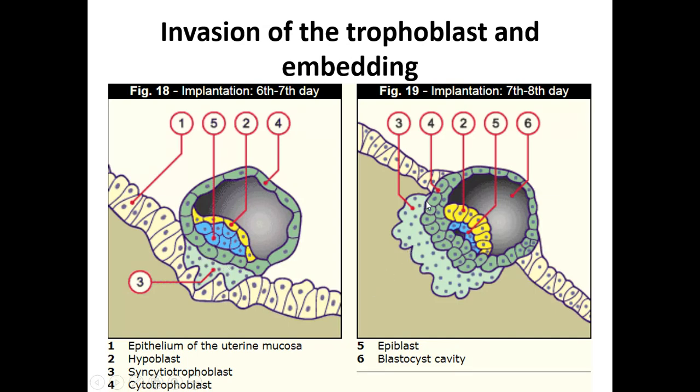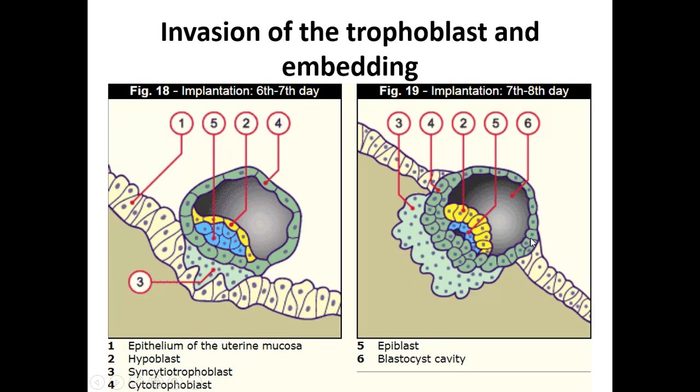The syncytial trophoblast has invading properties. It produces a lot of proteolytic enzymes and a lot of cytoplasm, and it invades the endometrium. Its main task is to implant the embryo into the thickness of the uterine wall.